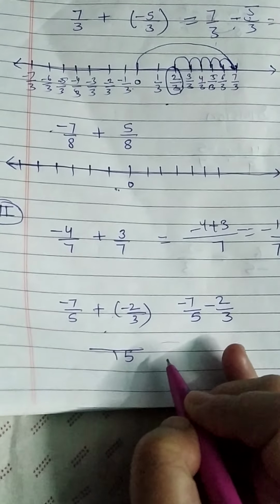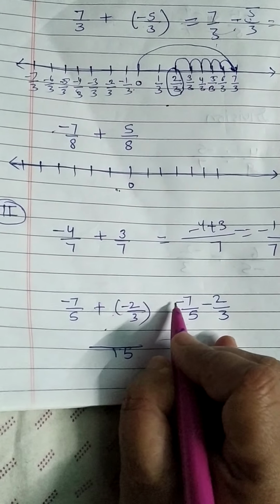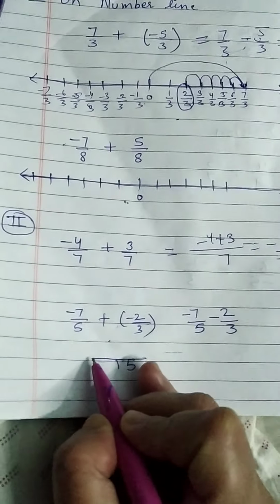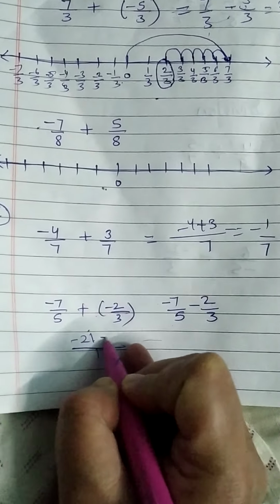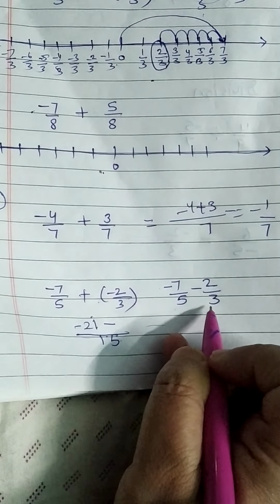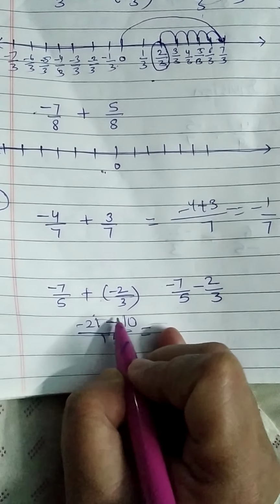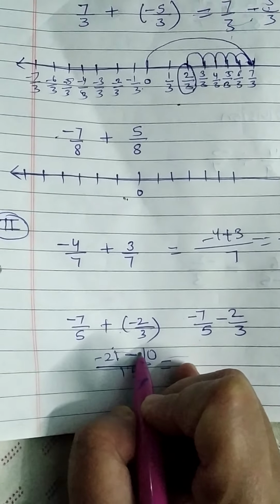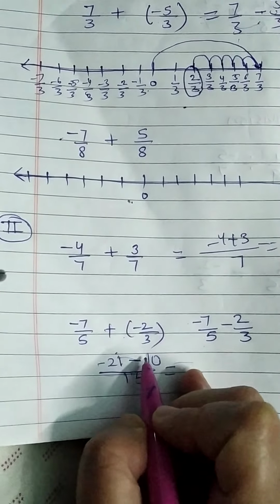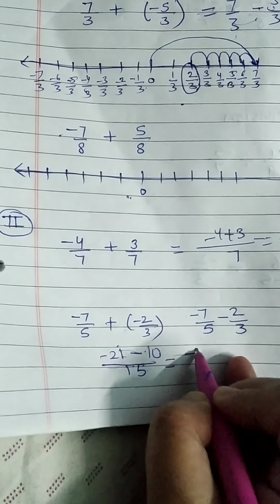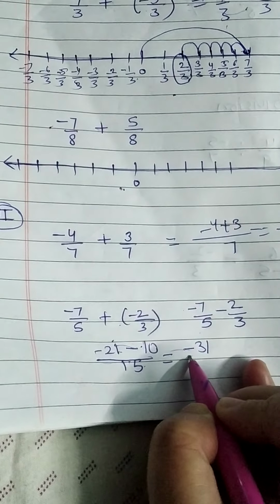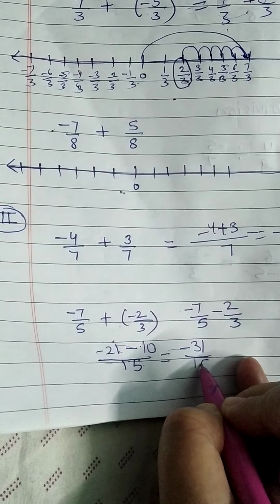Then the same formula, LCM divided by denominator multiplied by numerator. It will give you minus 21. 15 divided by 3, 5 2s are 10. So it will be minus 10. Minus 21 and minus 10. If you remember integers, both are negative and we will add. So it will give minus 31 upon 15.